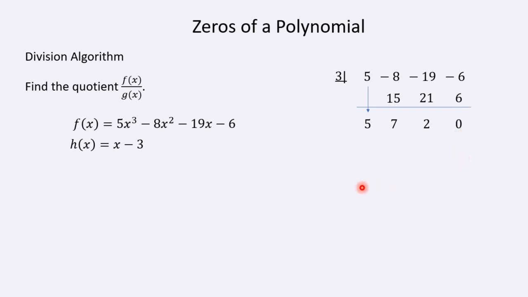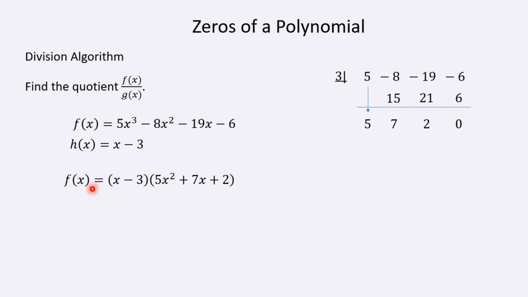Here's what I have. I can write this now using the division algorithm as x minus c, which is x minus 3, times the quotient, which is 5x squared plus 7x plus 2, and then plus the remainder, which in this case is just plus 0. You know that addition of 0 is trivial. You don't have to write plus 0.